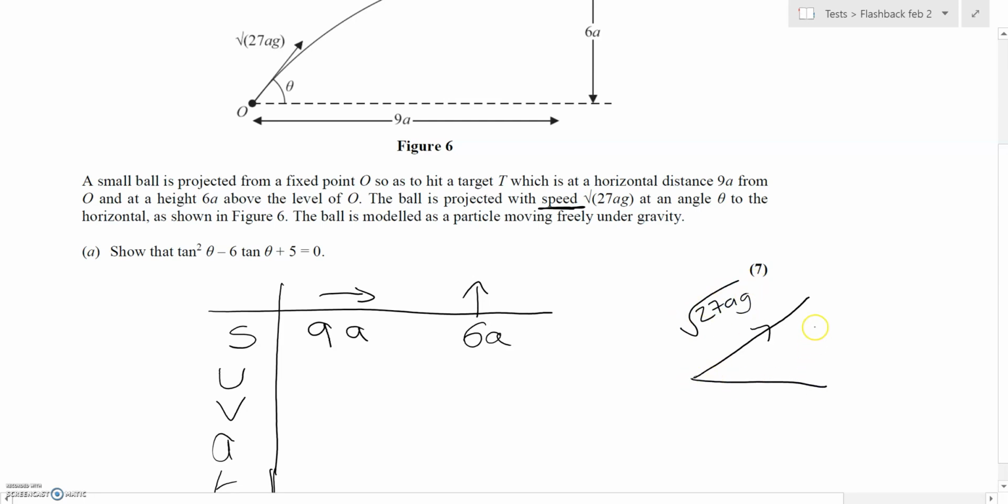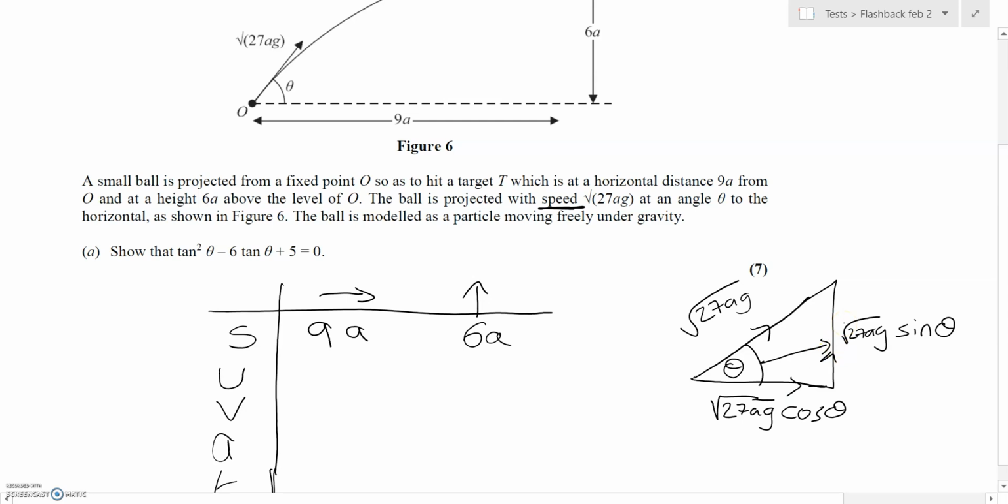And we were told that it was projected at an angle of theta. So opposite the angle, we know that that is sine theta, and next to the angle must be cos theta.